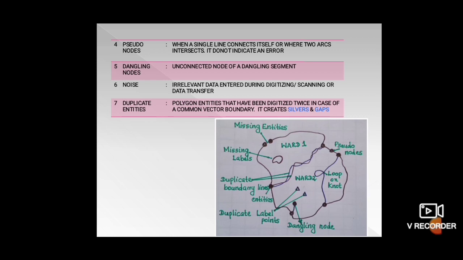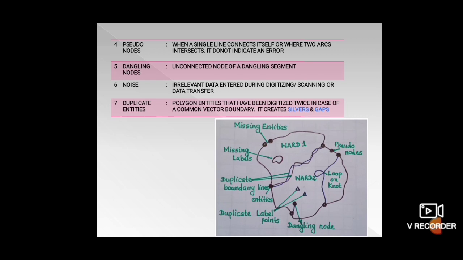In the picture, at the top right corner, you can see a pseudonode: there is a node that connects ward 1 and a node in ward 2. Between them there is actually no node, and these two nodes are connected with a straight line. So when a straight line continues, a node automatically appears in between the two nodes, and that we call a pseudonode. It does not indicate an error.